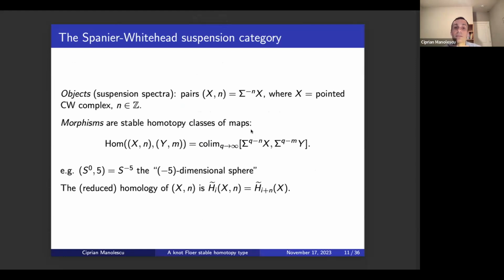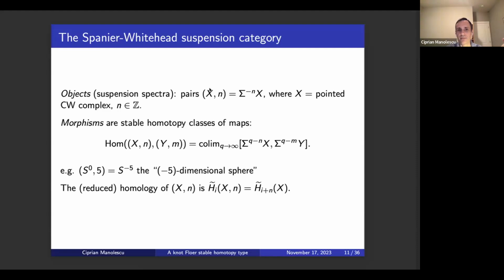Okay, so now I want to lift this to spectra. So let me just remind you. I'm going to use the simplest version of the stable homotopy category, the one constructed by Spanier and Whitehead a long time ago. It's just a very mild generalization of a space.